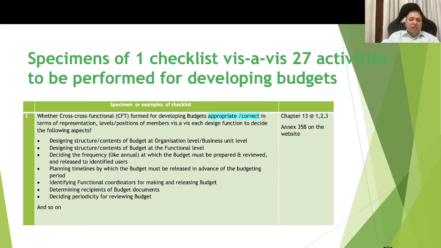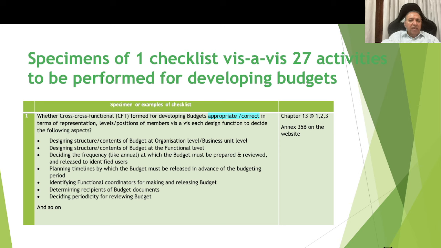Now there are 27 activities which are performed by the budgets for all these three functions. Here the important checklist for doing the audit is whether the cross-functional team formed for developing the budget is appropriate and correct in terms of representation and levels and position from the different design functions to decide on the following aspects.